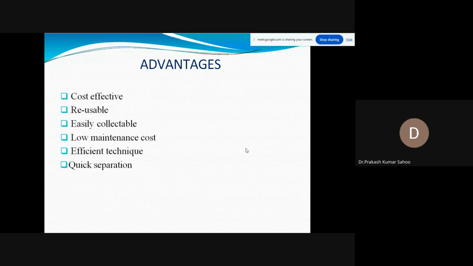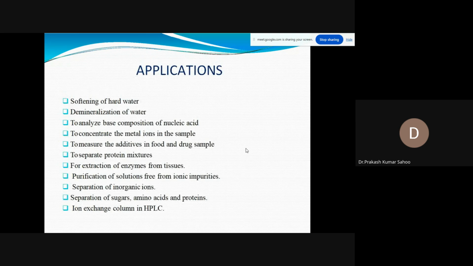It is easily available because it is non-hazardous and not harmful, so widely available in the market. Maintenance cost is low. It is also an efficient technique because of its separation precision, and the ions can be separated very quickly.